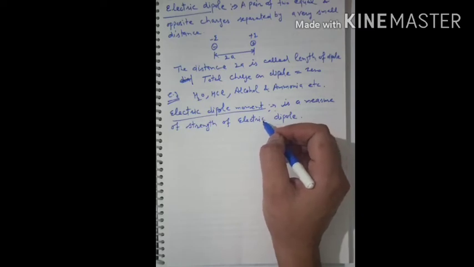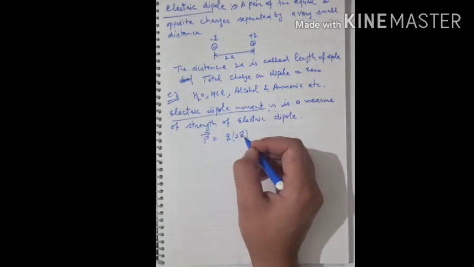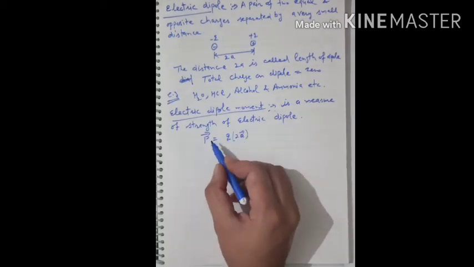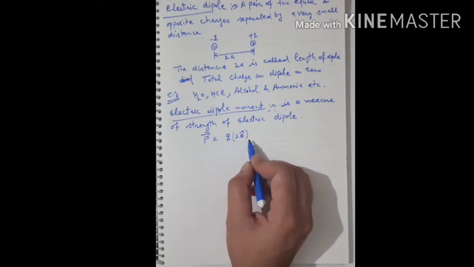The electric dipole moment is a vector quantity. It is denoted by P vector. So dipole moment P is equal to q into 2a.